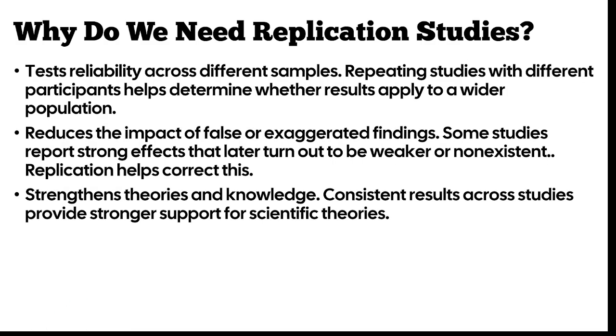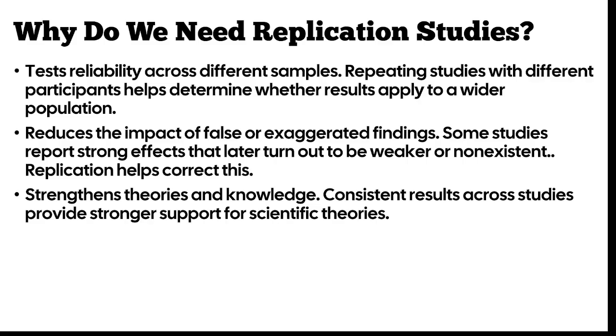It also helps us test our reliability across different samples. Okay? Obviously, when you're replicating a study, you're going to use a different sample each time. So every time you do that, you're helping to determine if the results that were found in the original study actually do apply to a wider population.